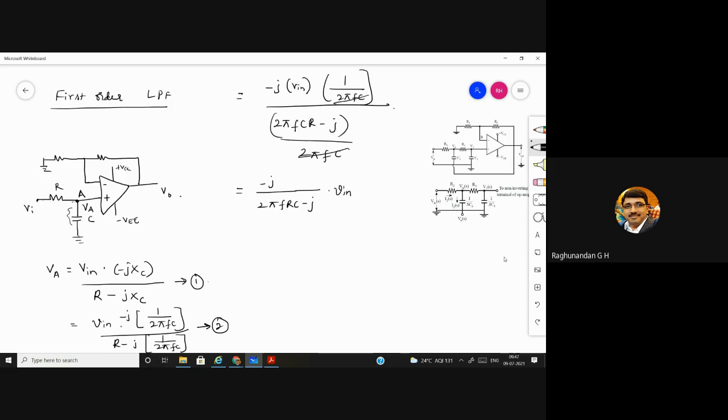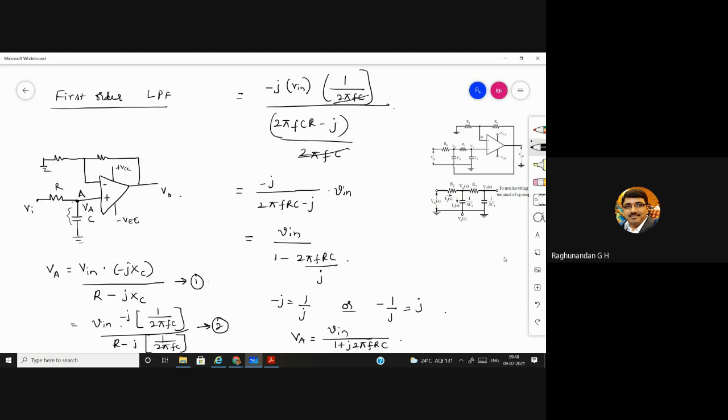We can write this as Vin by 1 minus 2 pi FRC by j. We have taken j common in both the numerator and denominator and cancelled the j term. Also we know that minus 1 by j can be given as j. From this, we can write VA is equal to Vin divided by 1 plus j into 2 pi FRC.